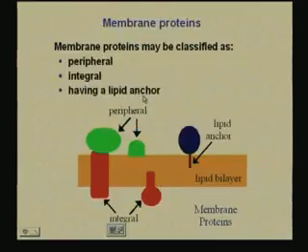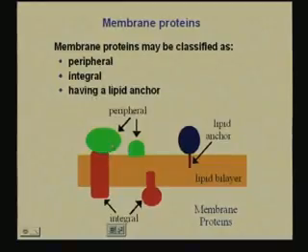Now, we have to look at membrane proteins. What are membrane proteins going to do? They are going to help in the transfer of ions. Okay? They are usually of three types. You can have peripheral proteins, integral proteins, or ones that have a lipid anchor.